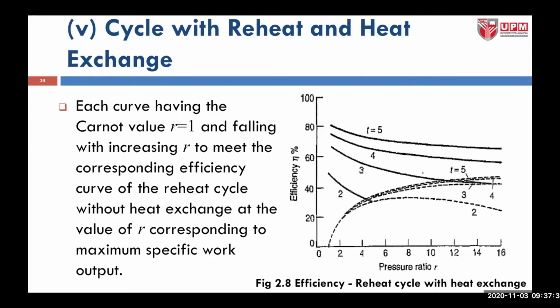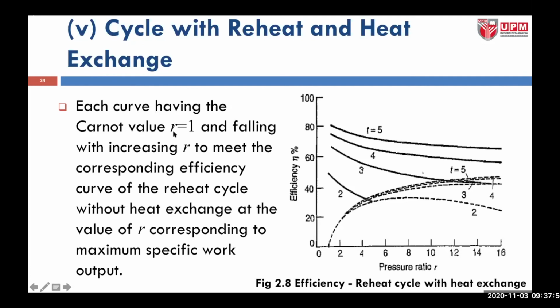Okay, so now we look at the efficiency of reheat cycle with heat exchange. It is slightly different now. Okay, and each curve, right? So this one, the dotted line, is just reheat cycle. The solid lines represent reheat cycle with heat exchange.